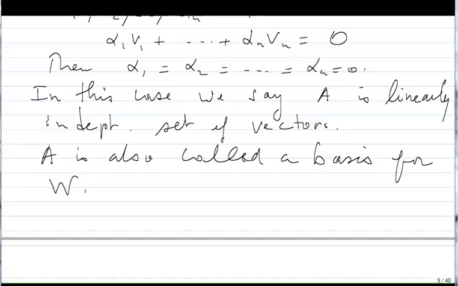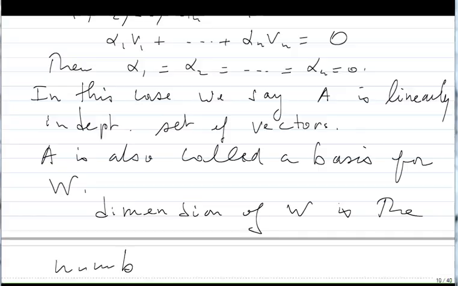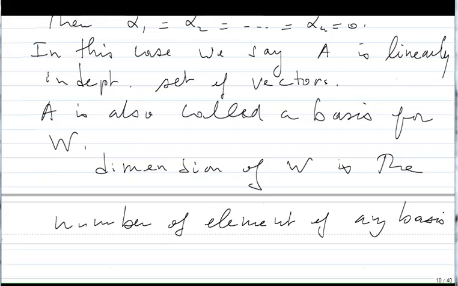That's clear. What is unique is the number of elements of the set A, which is known as the dimension of W. So the dimension of W is the number of elements of any basis. It's independent of the basis, and therefore we call it dimension.